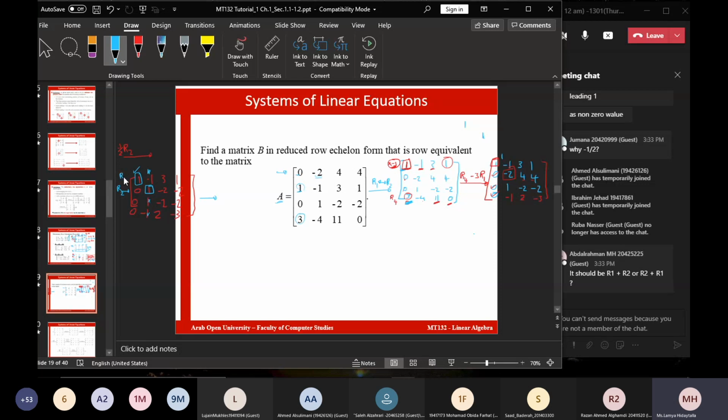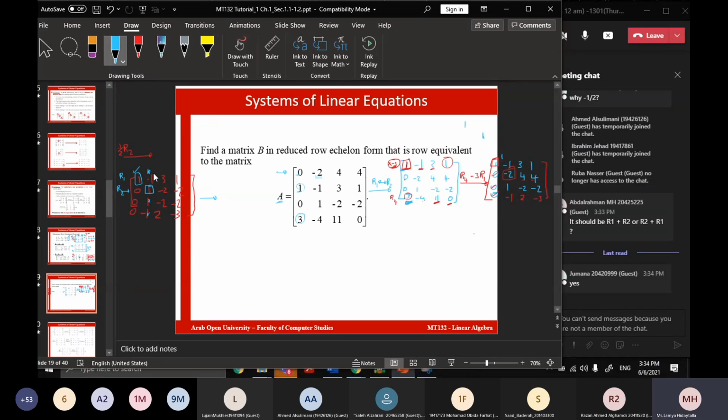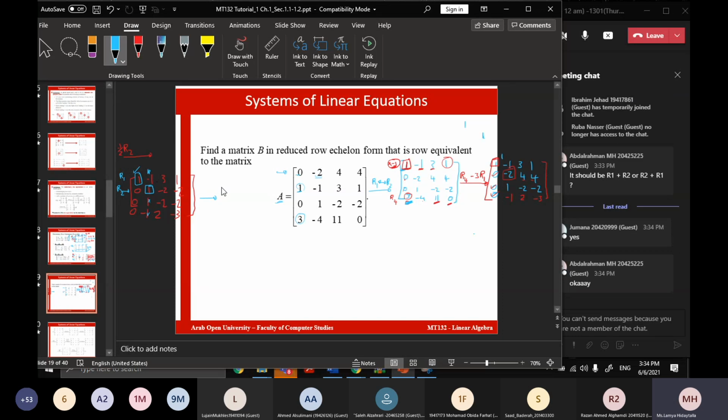So we want to change R1, so I write R1 plus R2. Okay, in the method we follow, always the row you want to change, you start with it and write it. We want to change R1, so our new R1 is equal to the previous R1 plus R2.